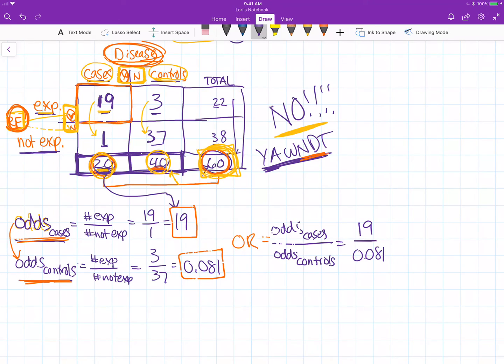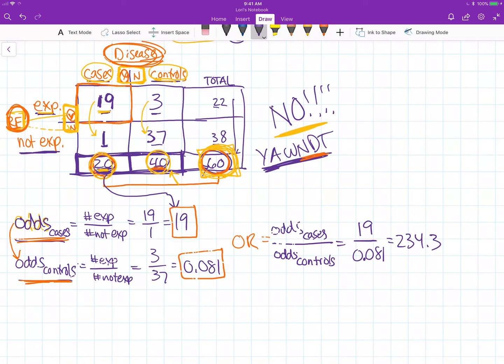Now, if I don't round anything at all in all of those calculations, you can check my work. I got 234.3. So that is essentially what we're doing when we are calculating something called an odds ratio.